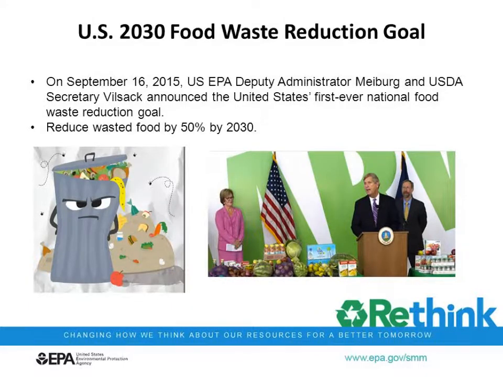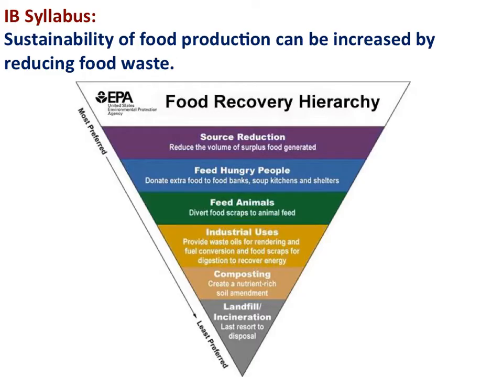Here is a U.S. government initiative to reduce food waste. Reduce food waste by 50% by 2030. The Environmental Protection Agency of the U.S. government has a food waste hierarchy, a sequence of strategies from most preferred to least preferred.